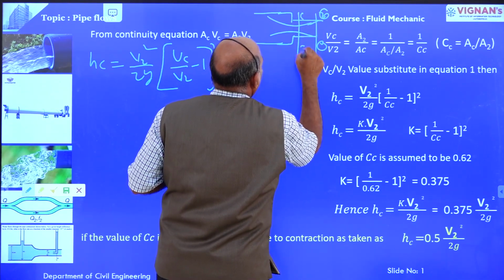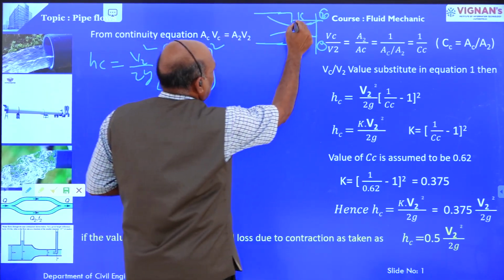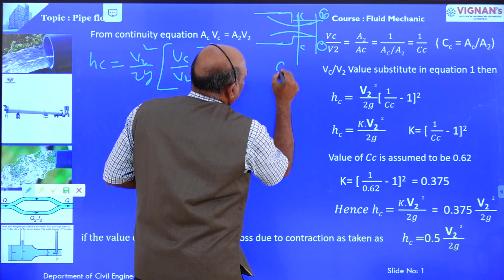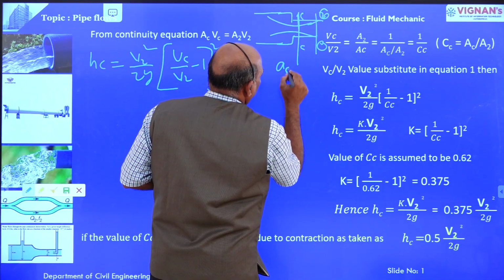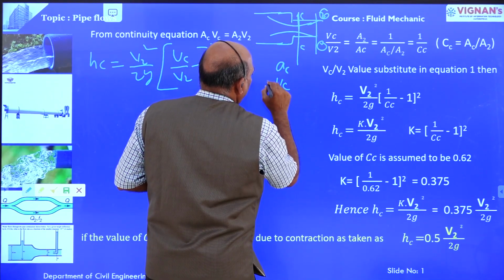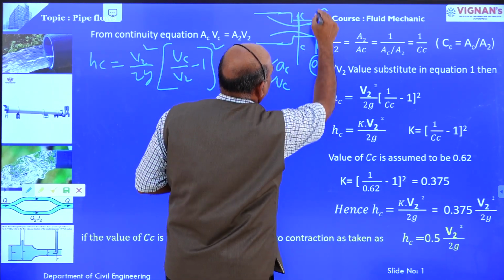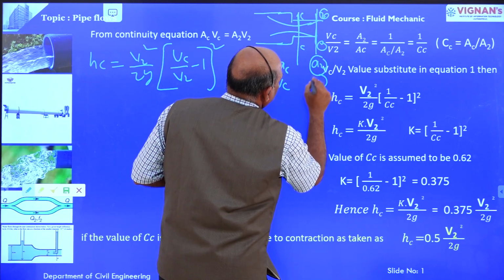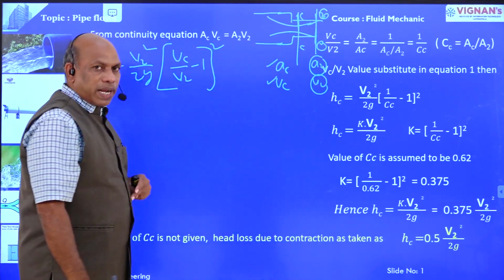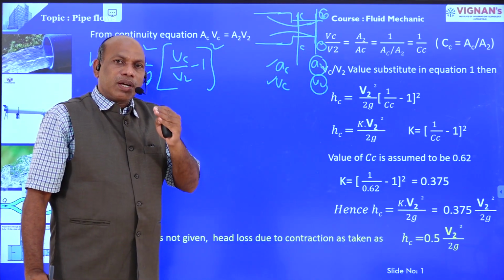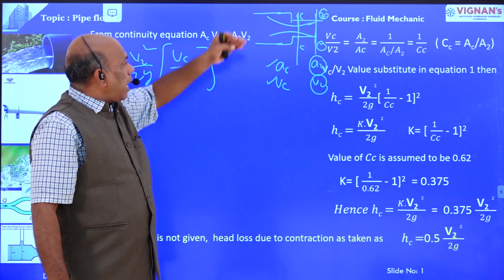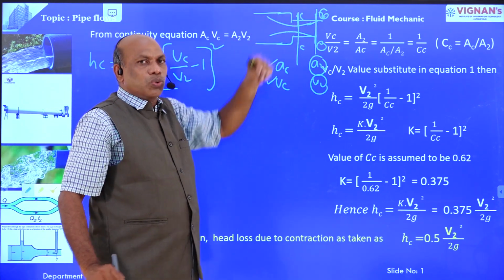This is the vena contracta. At the vena contracta, Ac is the cross-sectional area and Vc is the velocity at the vena contracta. A2 is the area at section 2-2 and V2 is the velocity at section 2-2. Now apply the continuity equation at the vena contracta and section 2-2.